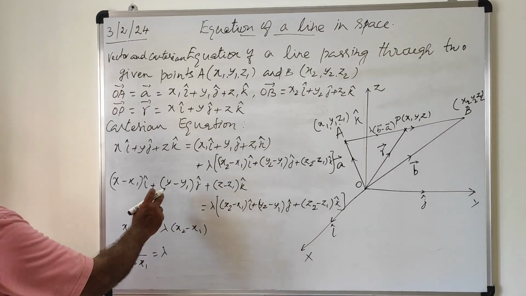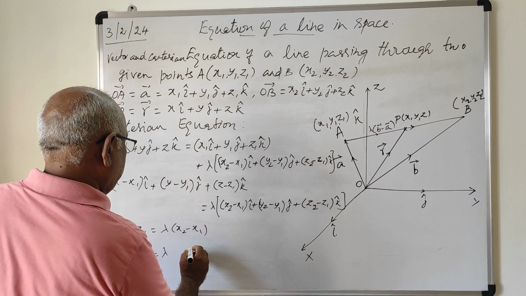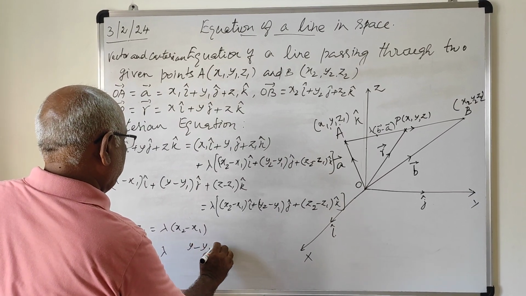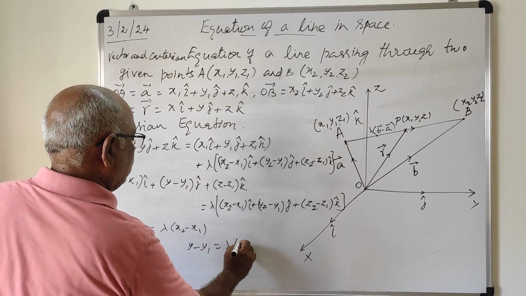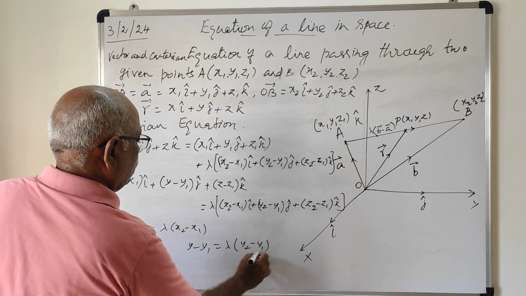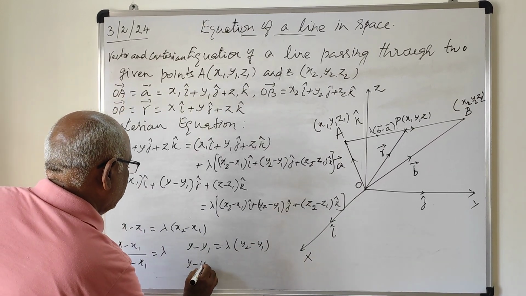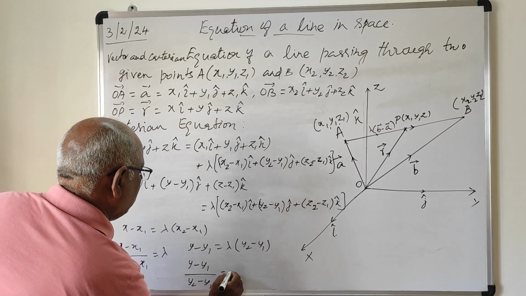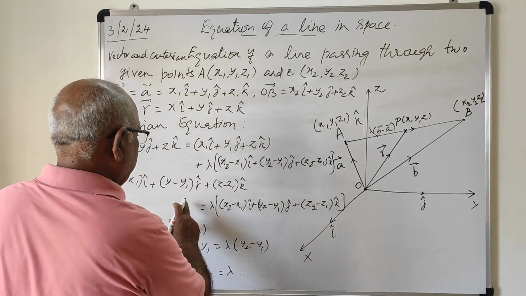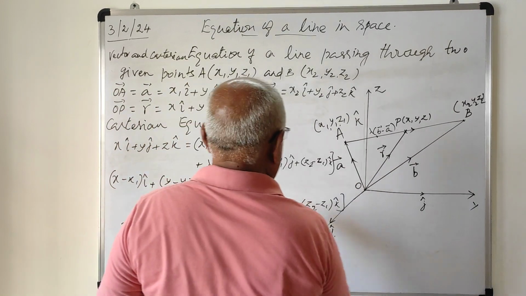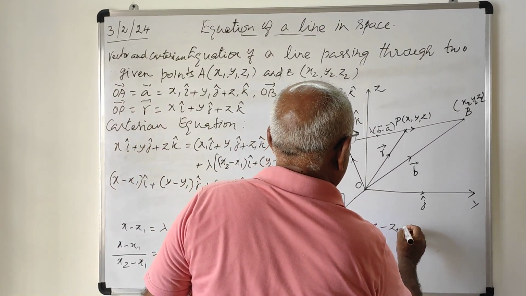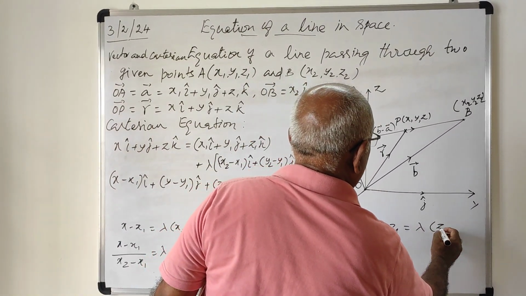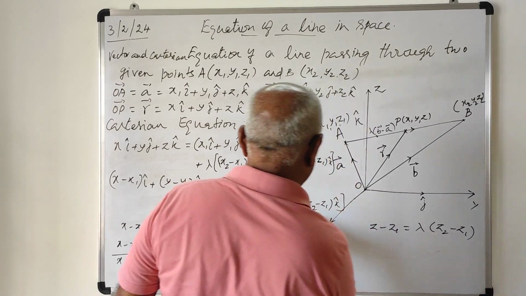Similarly, by comparing the coefficient of j, y minus y1 equals lambda times y2 minus y1. This is y minus y1 by y2 minus y1 equals lambda. Similarly, comparing k, z minus z1 equals lambda times z2 minus z1.